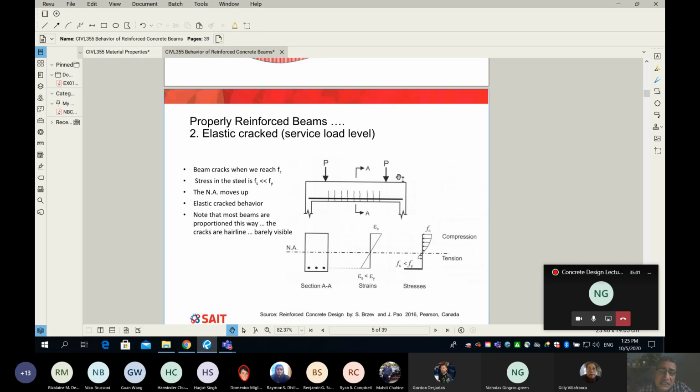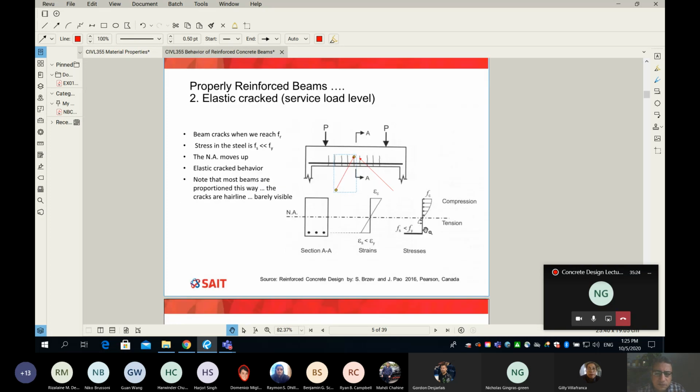Once the bending moment exceeds the M sub cr, your beam will crack. I'm going to point out the cracks. The cracks are presented here. And why does the beam still hold? Because it has rebar, and the rebar simply takes care of the tensile stresses on behalf of the concrete.